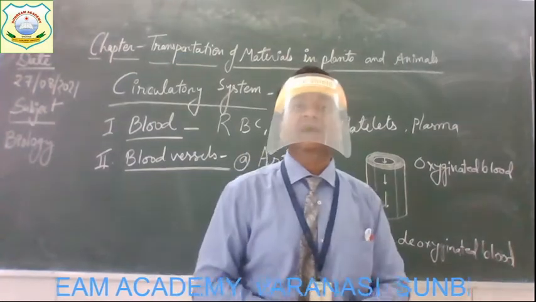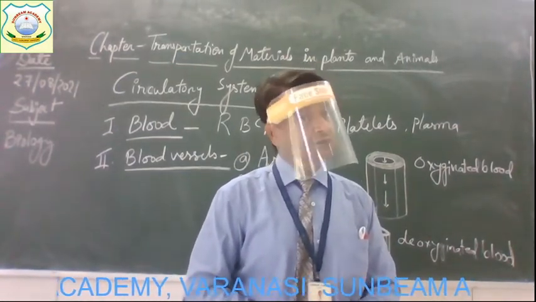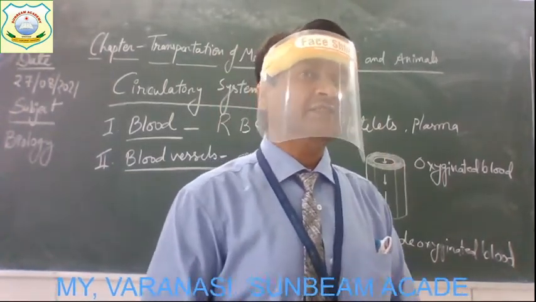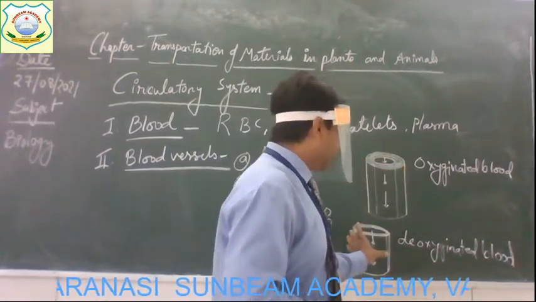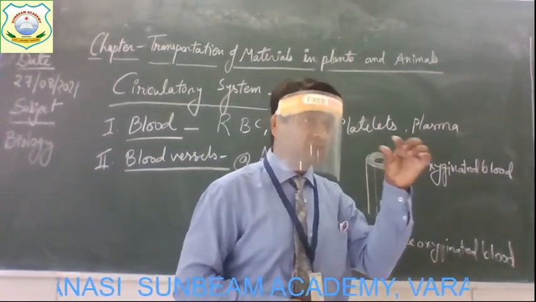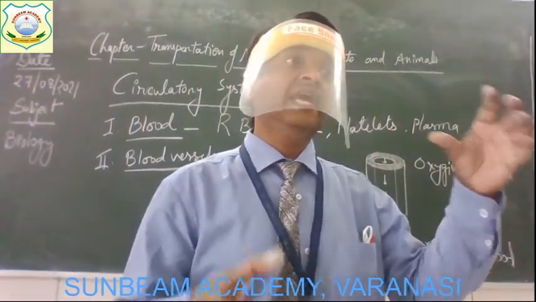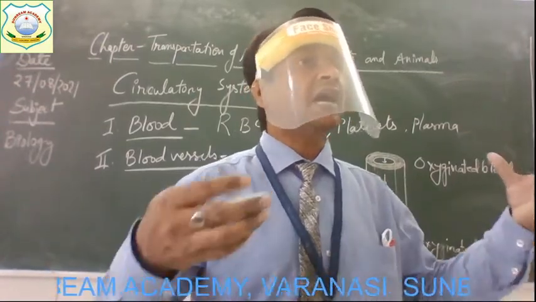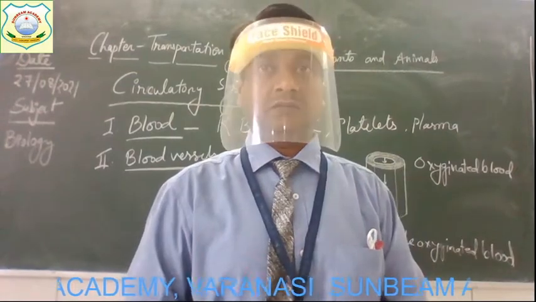The third kind of vessels are the capillaries. Okay. Capillaries are very fine blood vessels. The arteries and veins are somewhat thick, but capillaries are very fine, and they are present at those places where the arteries and veins join together.